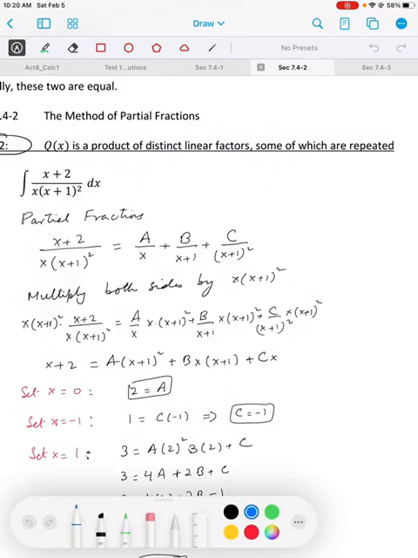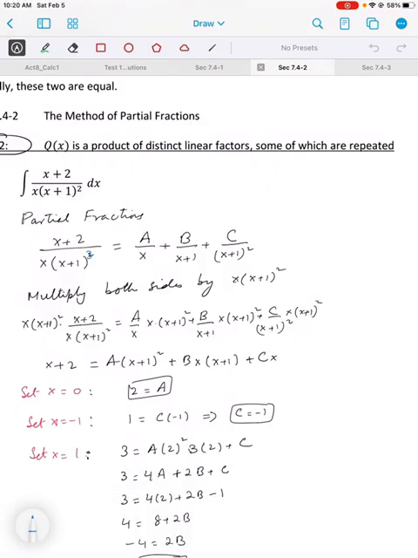Now if this was a cube, if instead of 2 this was a 3, then we would have to add another term. There should be as many terms of the repeating factor as the power on the factor.